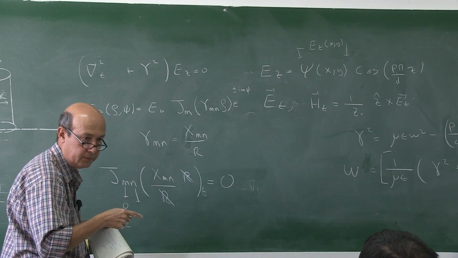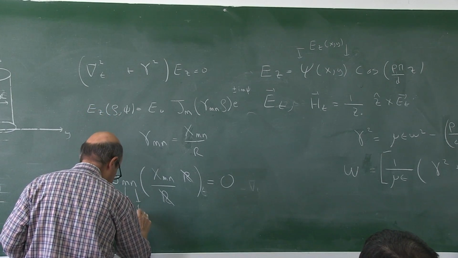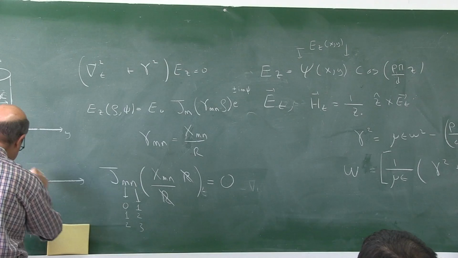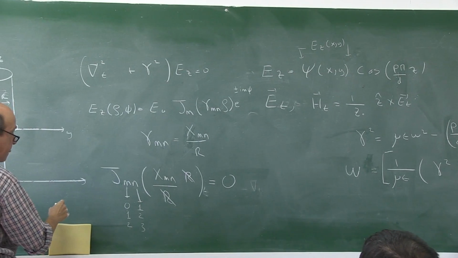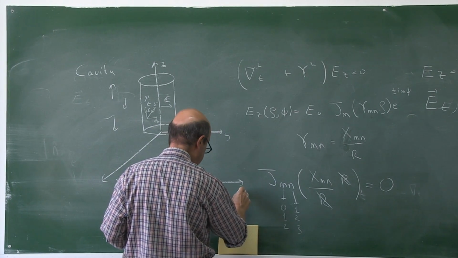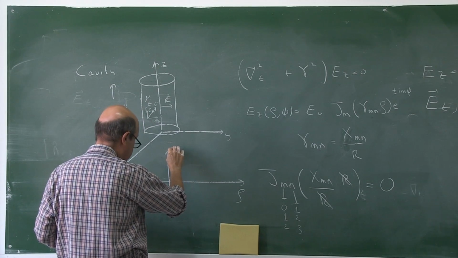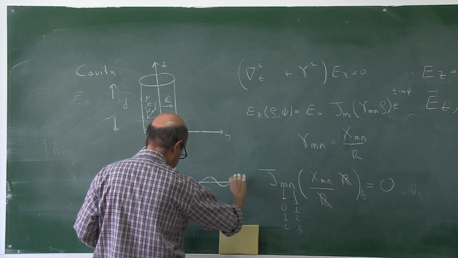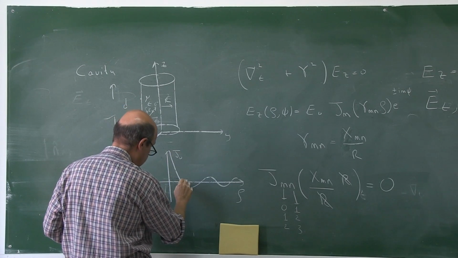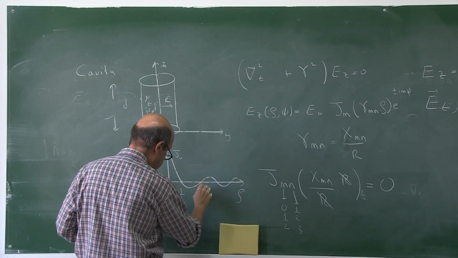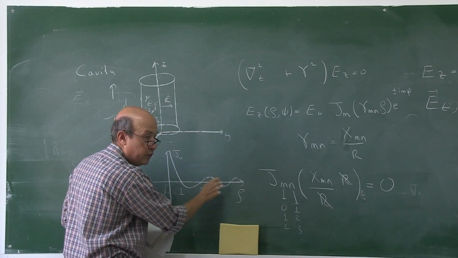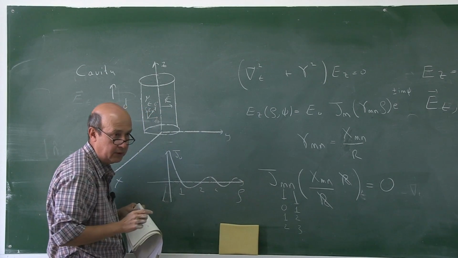N is the root. That could start from first, second, third. So basically these are the forms, as a function of rho. J could be something like this. So let's say this is the J0, and this is the first root, this is the second root, this is the third root. So at these roots, the Bessel function vanishes and satisfies the boundary conditions.